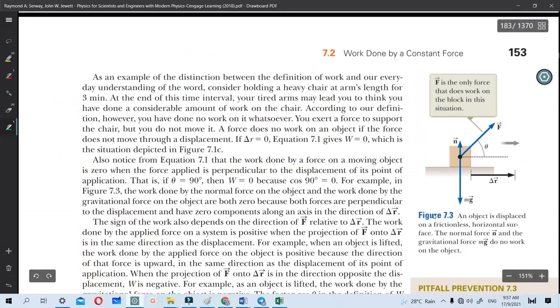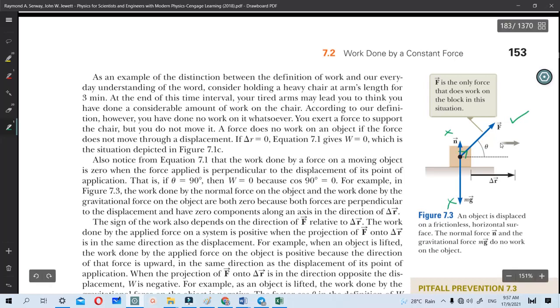Now, let's troubleshoot example 7.3. In this example, we find that we have three forces that act simultaneously on this block, and the block moves a distance of r. The issue is, which of these three forces provides the work? It's only one, not this one and not this one, because they are perpendicular.